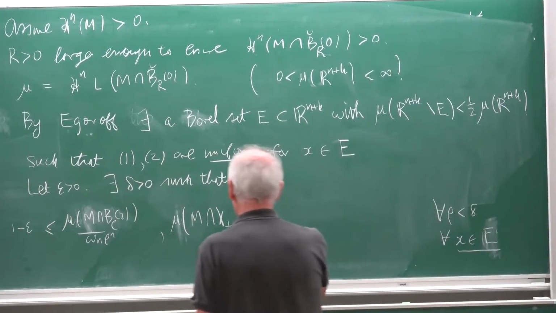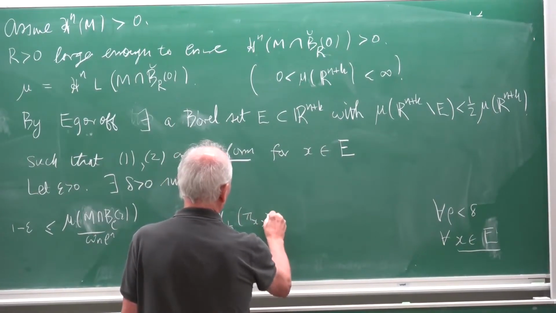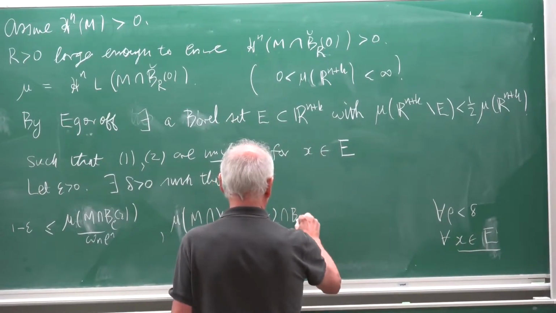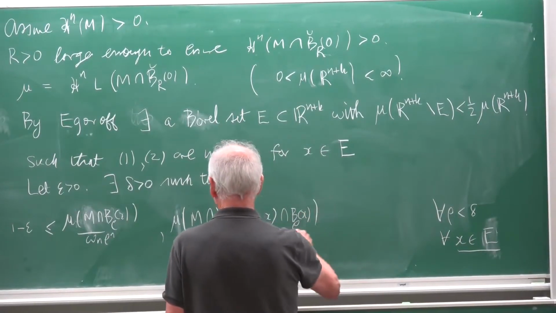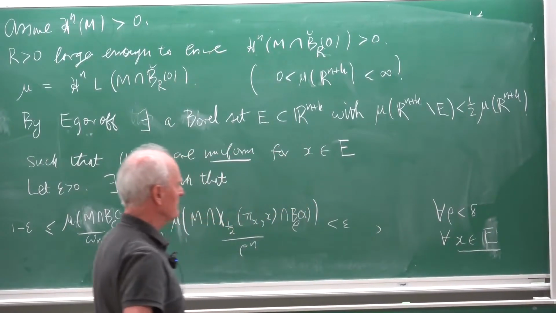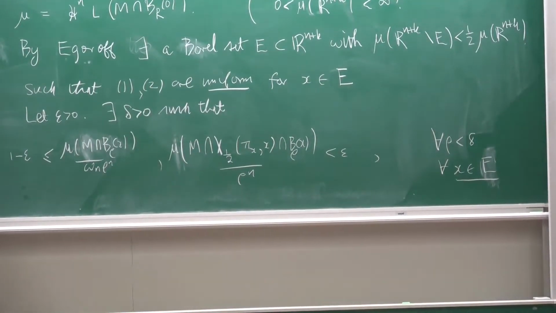So mu of m intersect the cone intersect B_rho(x) over rho^n is less than epsilon. So we have those two things.